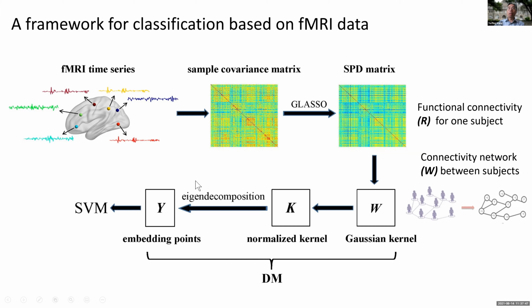Then we can use machine learning, such as diffusion map, to extract significant information from this population network. In other words, we can project this population network into an embedding space to extract significant subnets, and use these subnets as input to a classifier such as SVM in order to divide the population into different groups, such as different IQ groups.